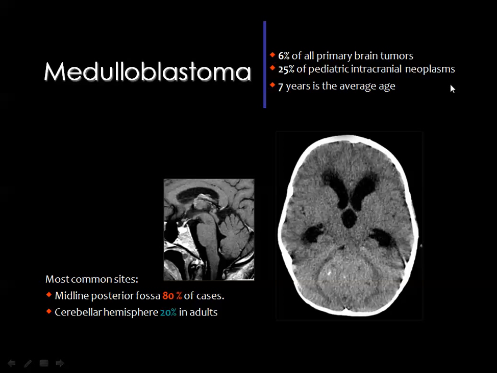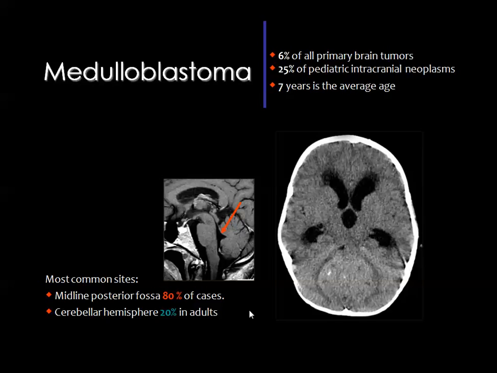You know that medulloblastoma arises from the roof of the fourth ventricle and in this particular area. So it can grow inside the ventricle and also has a component within the cerebellar parenchyma. This is also a midline lesion which is centered to the region of the fourth ventricle.